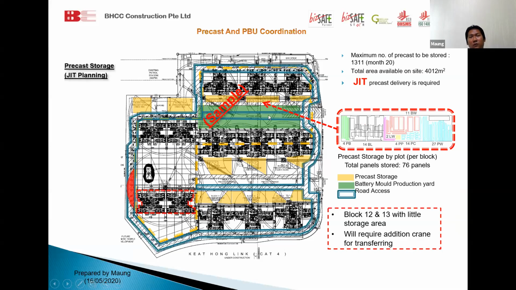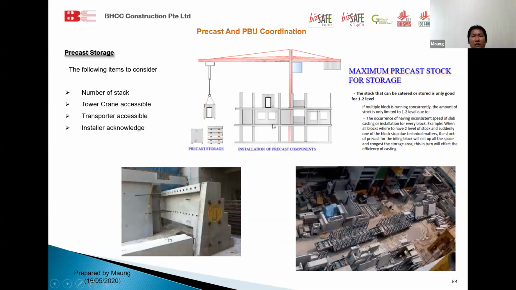For the storage, you need to plan based on the block, how many members you need, and how much available space you have. Then make sure your subcon is involved in this also. For the storage, you need to consider the following items also.